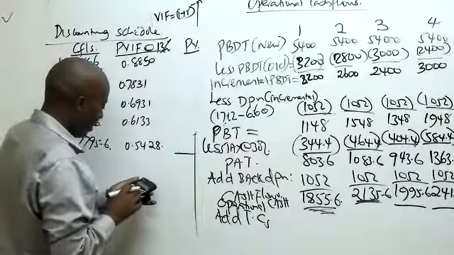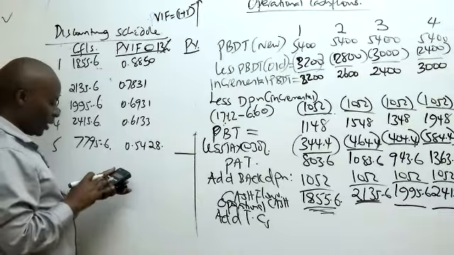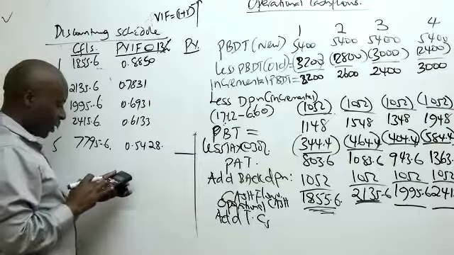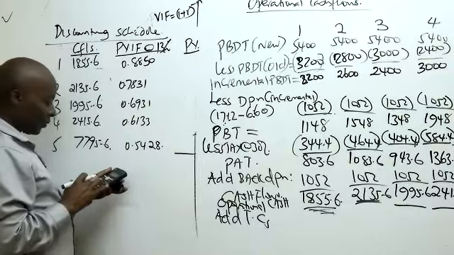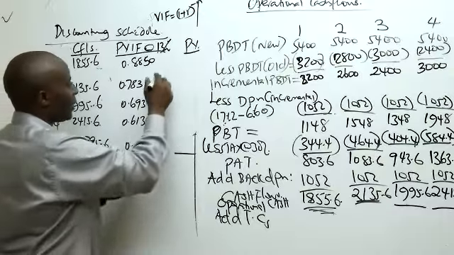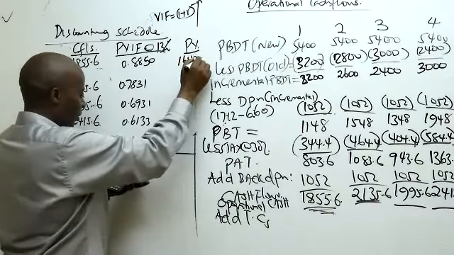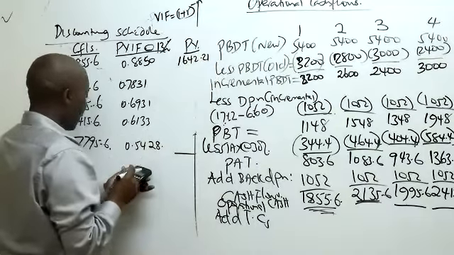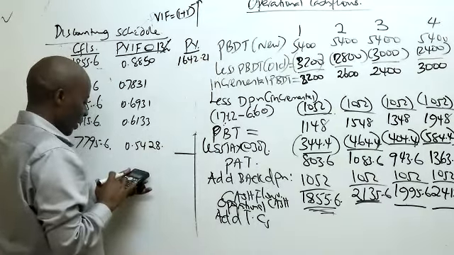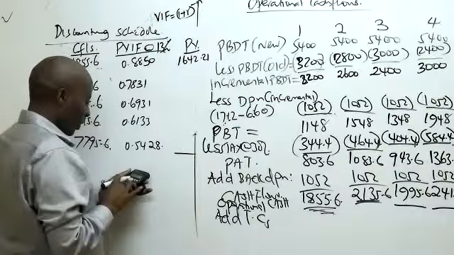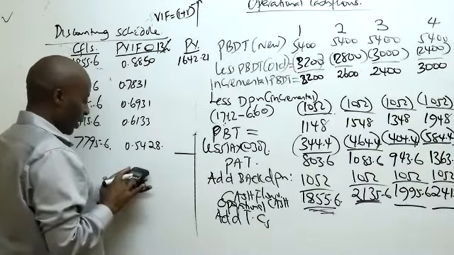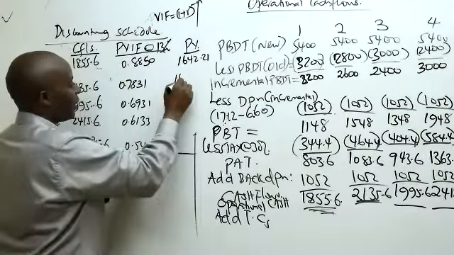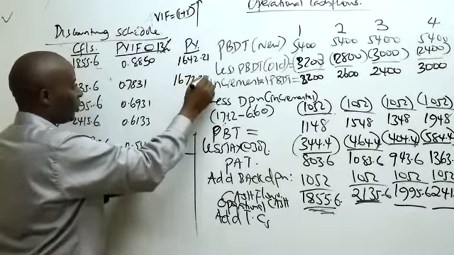So now multiply this very fast. The first one, 1855.6 times 0.885, gives us 1642.21. Then 2135.6 times 0.7831 gives us 1672.39.